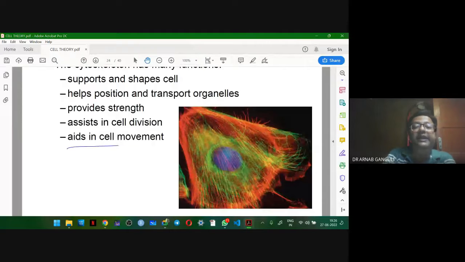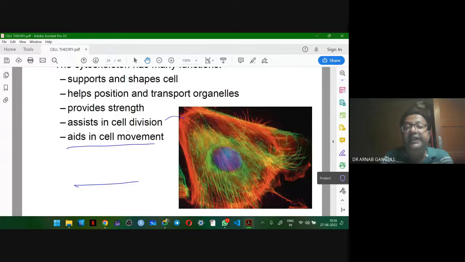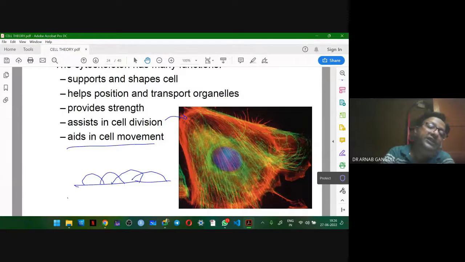Like I said, they aid in cell movement. It helps the cell to move. Changes in the shape of these microfilaments in these areas allow movement.